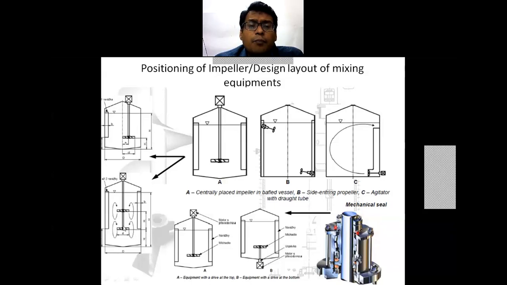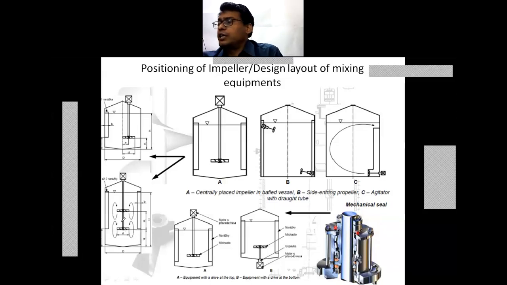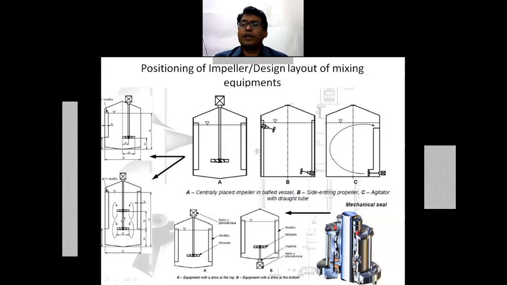So for a vessel, the shaft enters at one end and is fixed at the other end also. So completely throughgoing shafts can also be used.